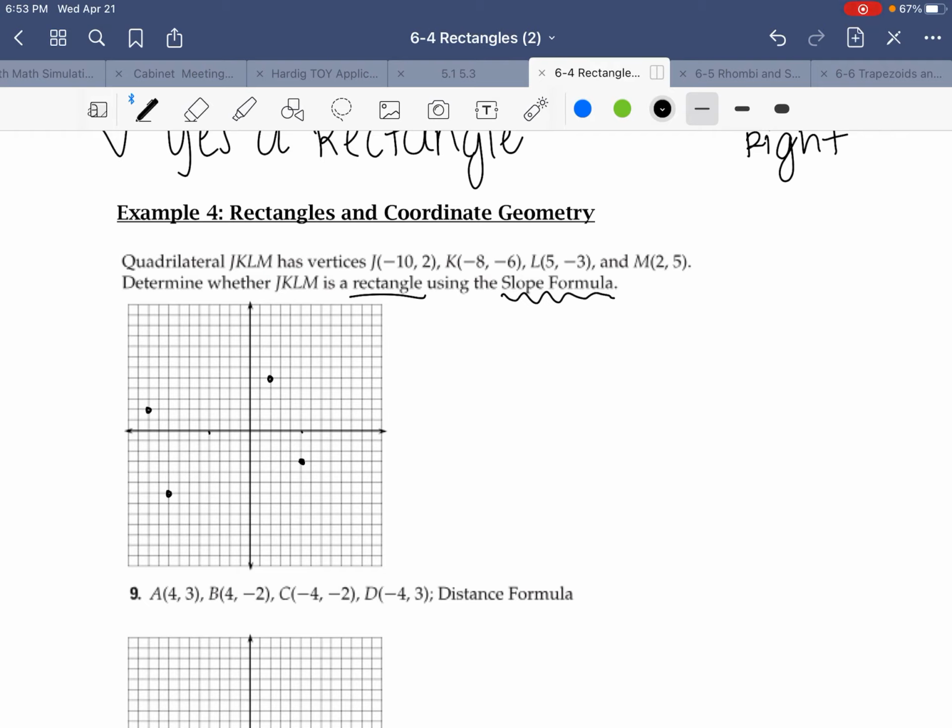Right, so now that you've plotted all your points, go ahead and connect them. Make sure you label your points and connect them. We're going to pretend like that looks nice.